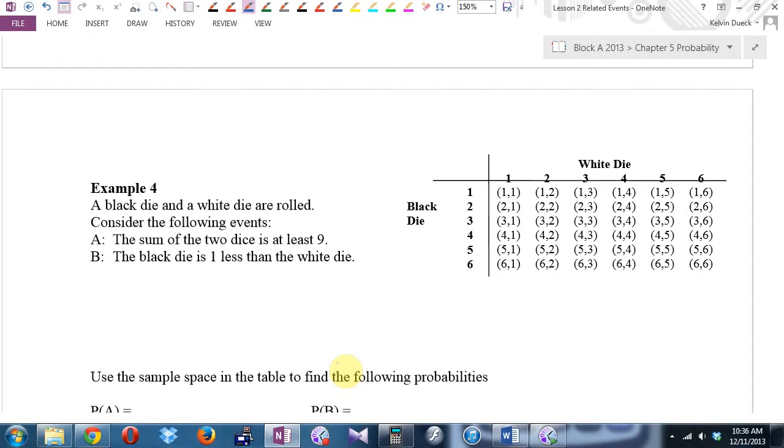You know what? Since we have a sample space, let's use that circling trick again. I'm going to make a little note because I can go multicolored. I'm going to do event A in blue, and I'm going to circle event B in red. So let's start out. Event A says the sum of the two dice is at least 9. What does the word sum mean?